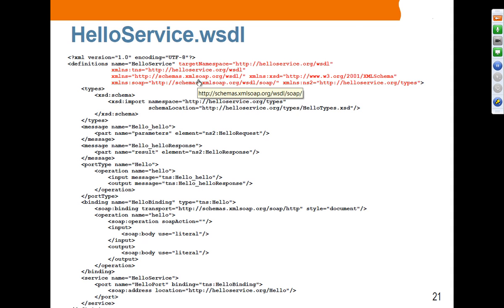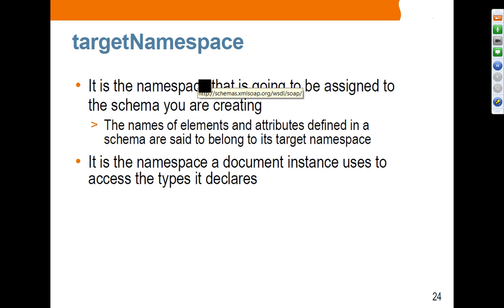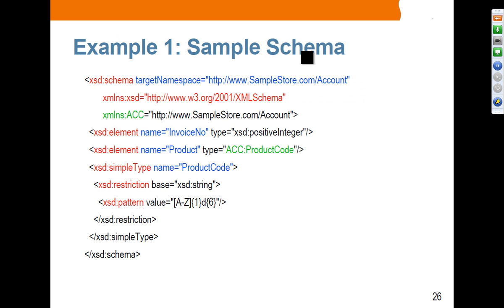Okay, maybe I'm confusing you, so let me move on to a different example, and you will have a better understanding once I use the example later on. Each schema has one target namespace and possibly many source namespaces. Just remember this. All right, I'm going to use an example. This is a sample schema. Again, we haven't really learned the concept of schema.